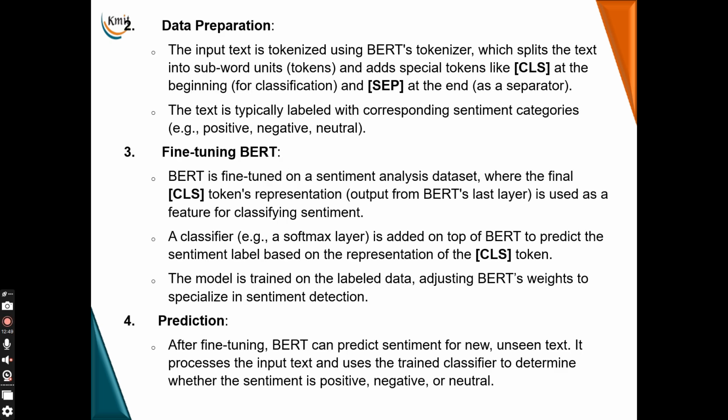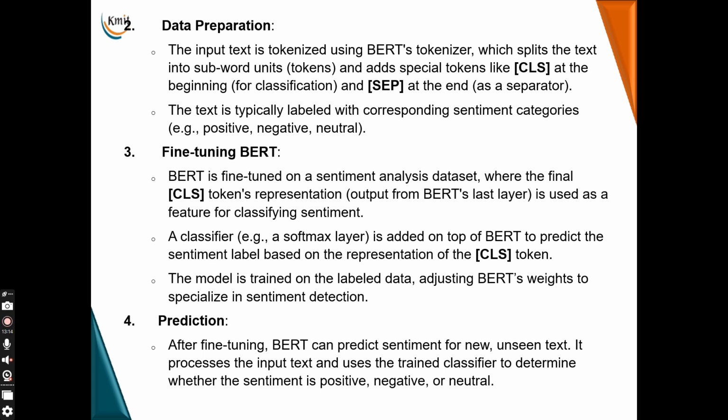Data preparation: we use the specialized tokens like CLS and SEP in order to separate various types of tokens. BERT is fine-tuned on a sentiment analysis data set where the final classification token representation is used as a feature for classifying the sentiment, right?